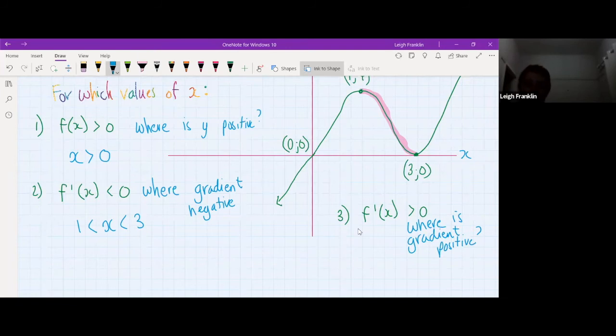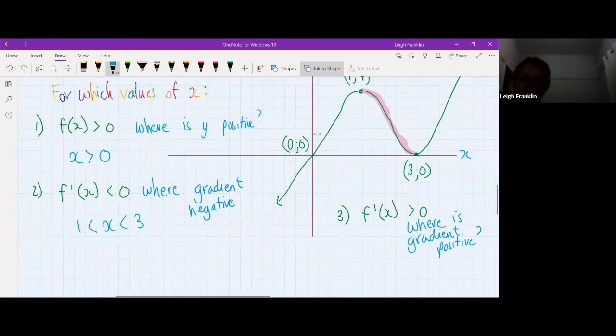This is where we are walking uphill. Gradient f prime x is decreasing when it's negative. Gradient f prime x greater than 0, that's where it's positive, where it is increasing. Aisha says between 0 and 1.